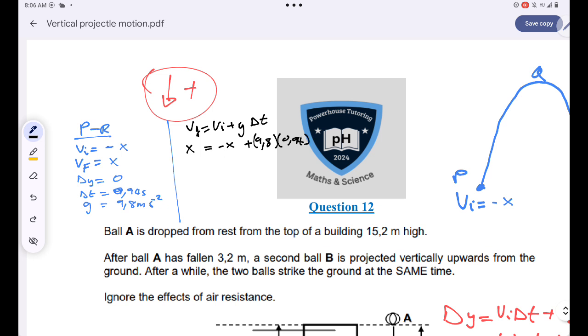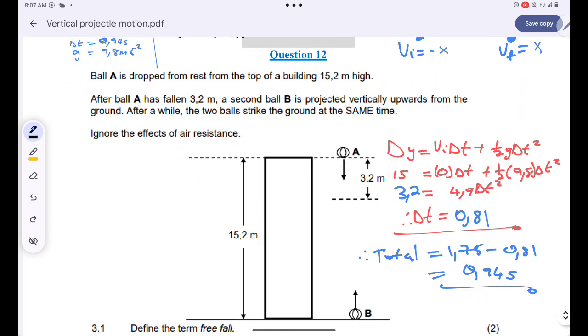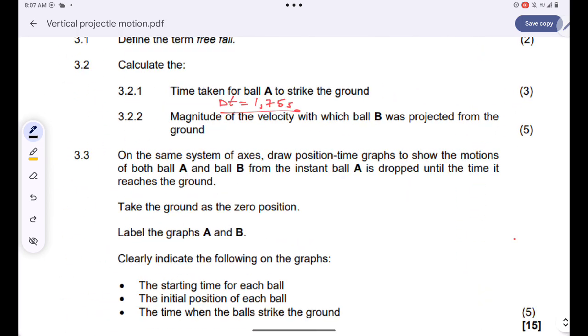Whenever I take the x to the other side, I simply have 2x equals 9.8 times 0.94. Divide both sides by 2: 9.8 times 0.94 all over 2. Then x will be equal to 4.61 meters per second. So the magnitude of the velocity is 4.61 meters per second.